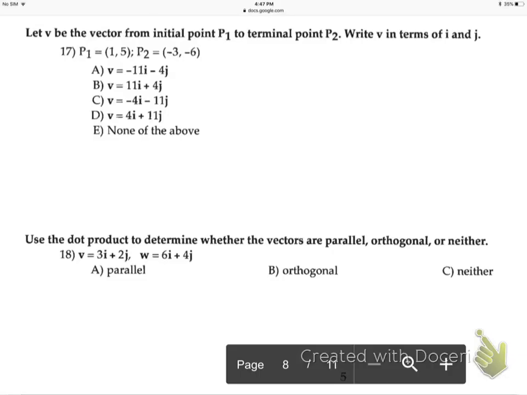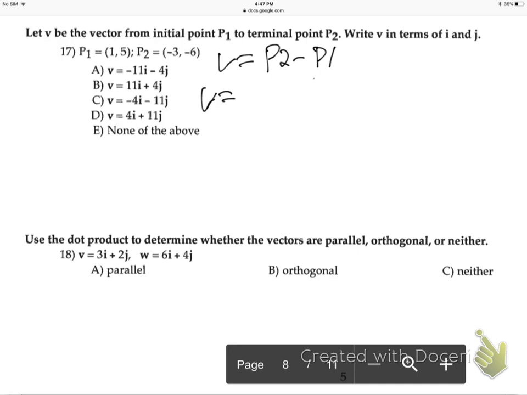So number 17, vector V from P1 to P2. So basically you just subtract them. The vector V is going to be P2 minus P1, with P2 being minus 3, minus 6. I can turn it into a vector.